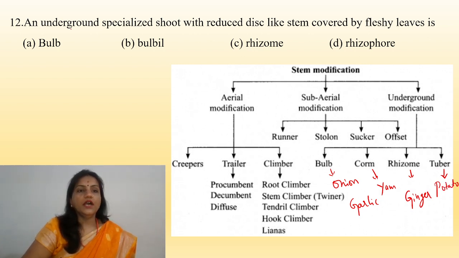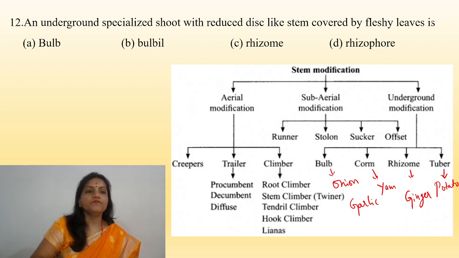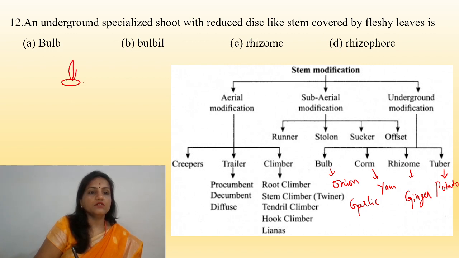So an underground specialized shoot with reduced disc-like stem covered by fleshy leaves is, okay. Let's see in the case of bulb. So I told you onion is an example. So when you chop an onion, you see that this is the shape of the onion when you take a vertical section. Okay, these are fleshy leaves.